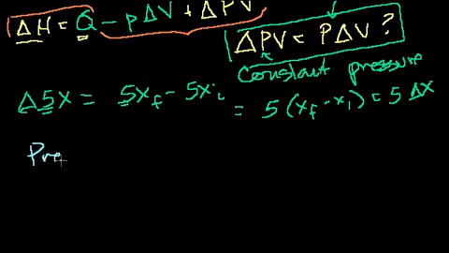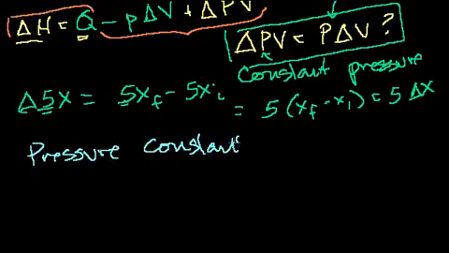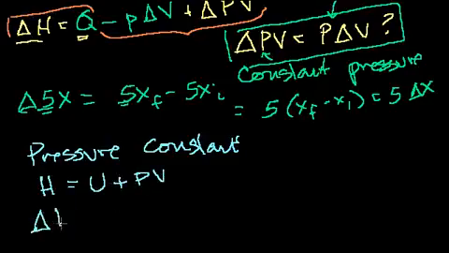If pressure is constant, then our definition, this enthalpy thing we made up, which we defined as internal energy plus pressure times volume, in a constant pressure system, our change in enthalpy, we just showed, will be equal to the heat added to the system, because these two things become equivalent under constant pressure. So I should write that. This is only true when heat is added in a constant pressure system.